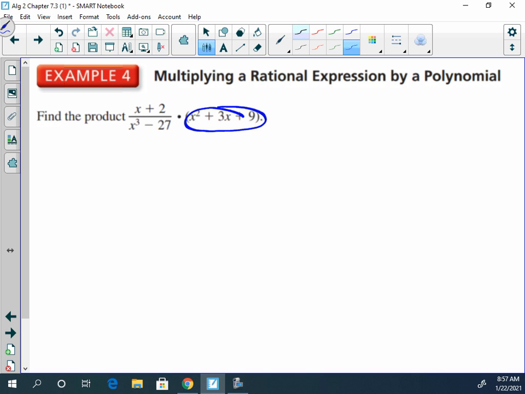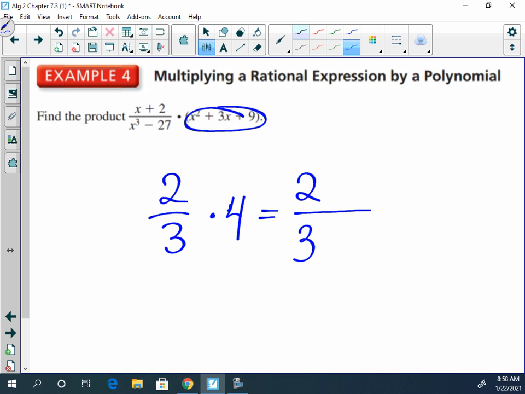Let's look at it in a different sense. Say 2/3 times 4. How do I multiply this? How would we multiply these here? Would the 4 be multiplied by the 2, the 3, or both?